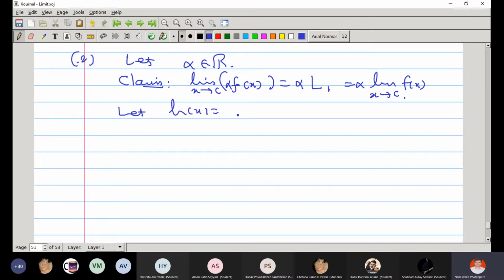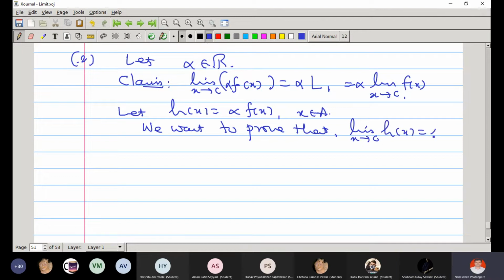Let h(x) be equal to alpha times f(x). Suppose this is my function. So what we want to prove is that the limit as x tends to c of h(x) is alpha times L1.